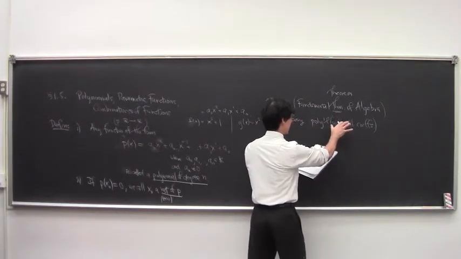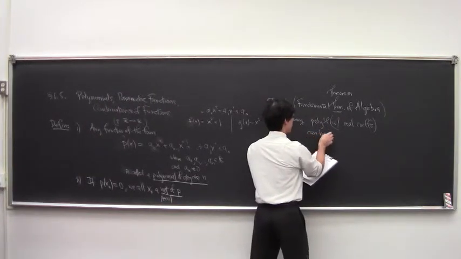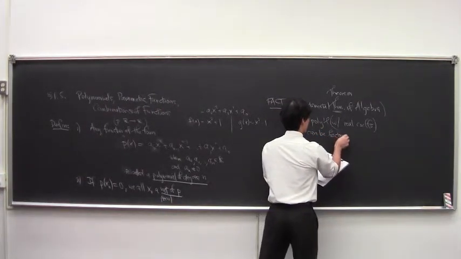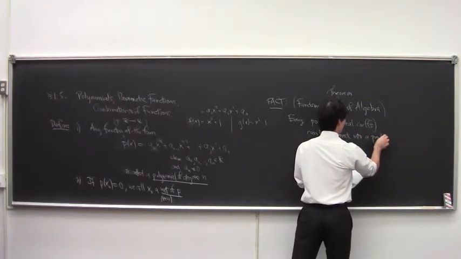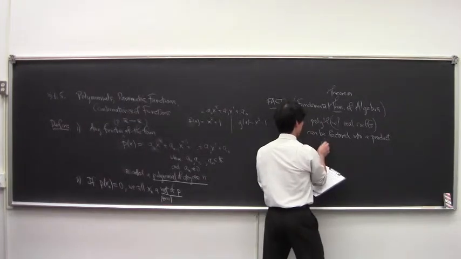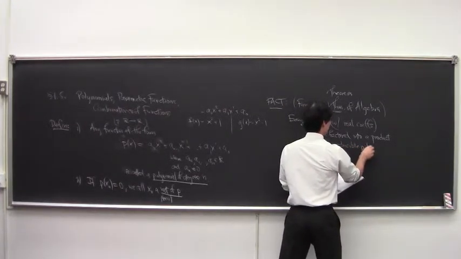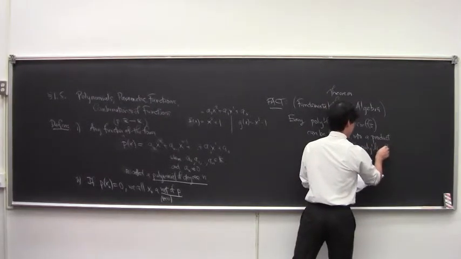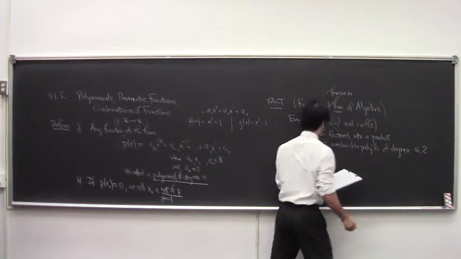Now that I've said that, I don't really need to say this, but with real coefficients can be factored into a product of irreducible polynomials of degree less than or equal to 2.